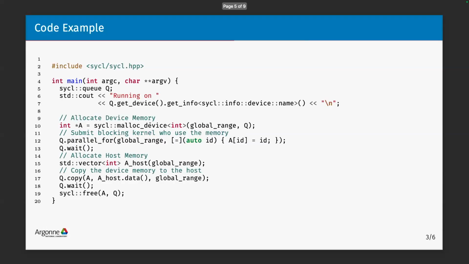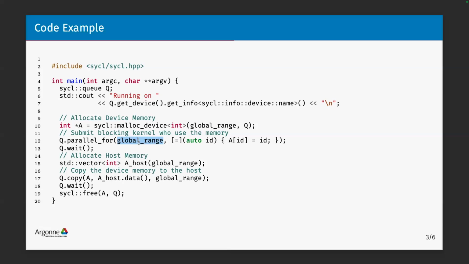Oh, sorry, what is a global range? Yeah, it's a good question. Global range is the standard term that we use in OpenCL or in SYCL. It comes from OpenCL. It is really the number of threads, the size of your iteration space.